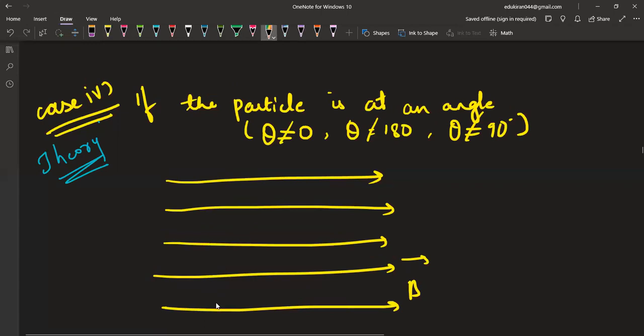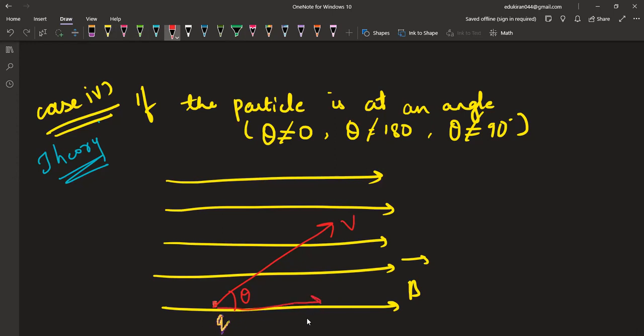This charged particle is present over here, at a random angle. Let's say this is making some angle theta. Now, if this is moving with velocity at some angle theta, what will we do?